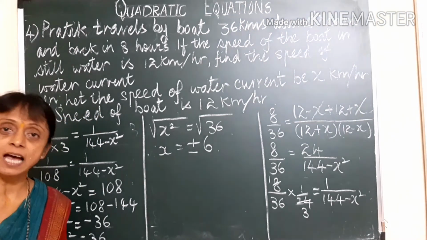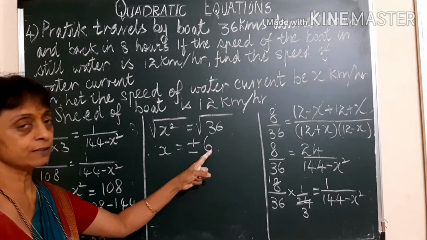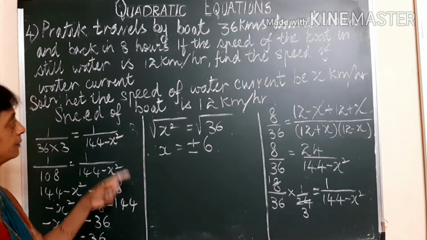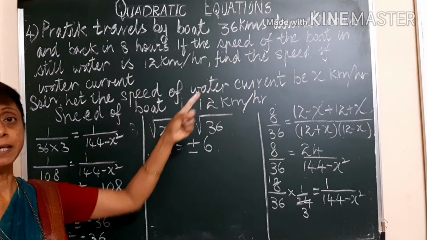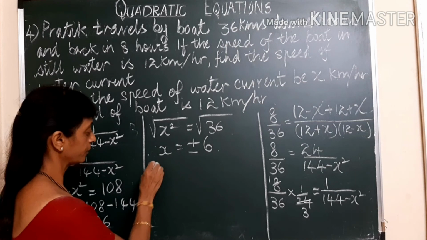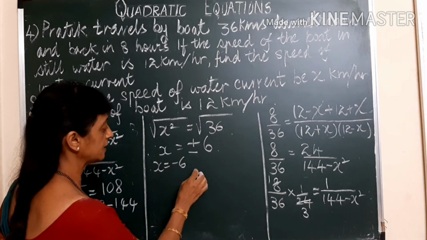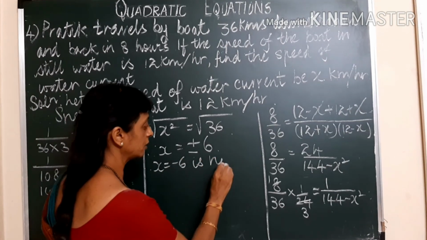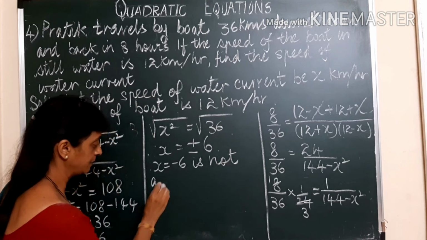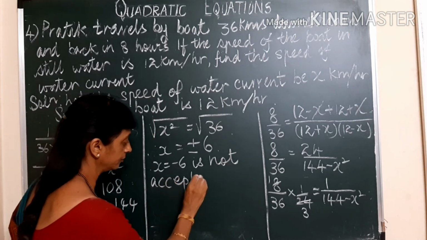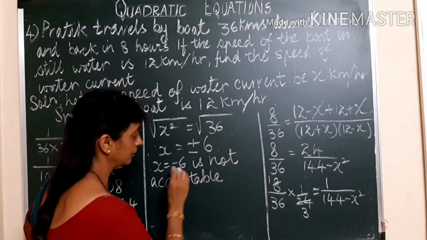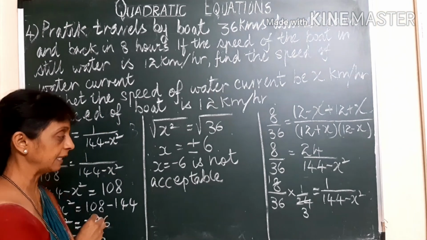Which answer is unacceptable? The negative answer minus 6 is unacceptable because speed can never be negative. Therefore, x is equal to minus 6 is not acceptable, as speed can never be negative.